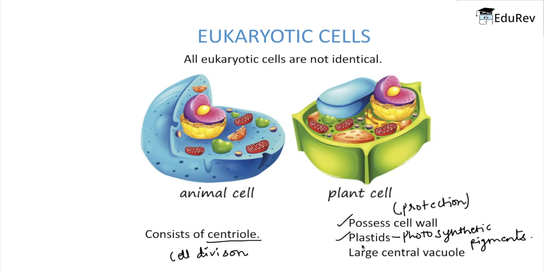But plastids are absent inside the animal cell. Another important feature is the large central vacuole. As you can see inside the plant cell, this large vacuole is present especially in plant cells, and it occupies almost 90% of the area inside the plant cell. It is a characteristic feature of plant cells only and absent in the animal cell.